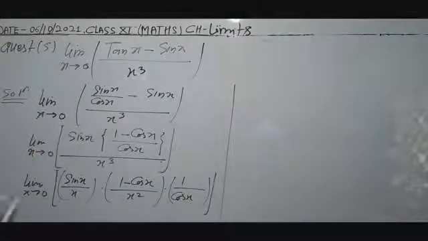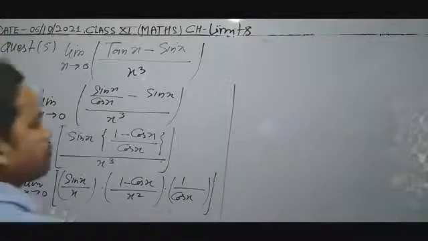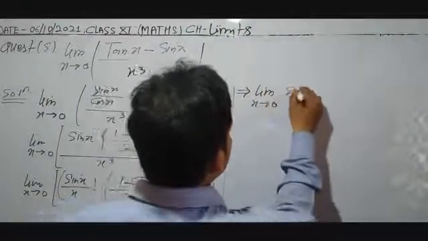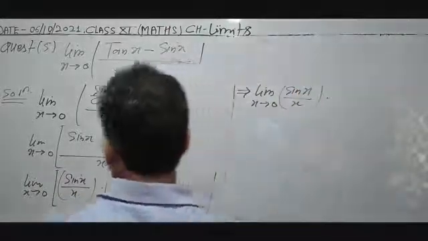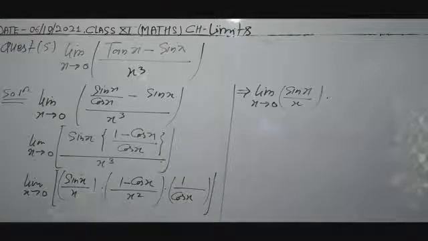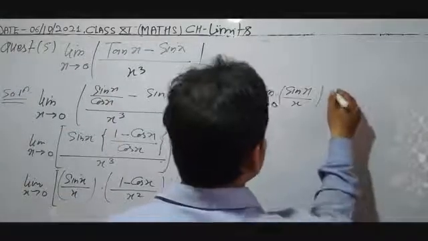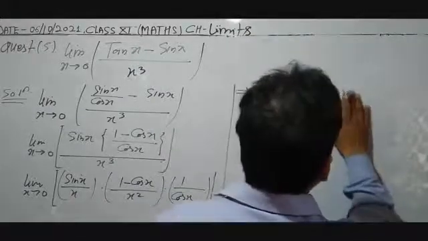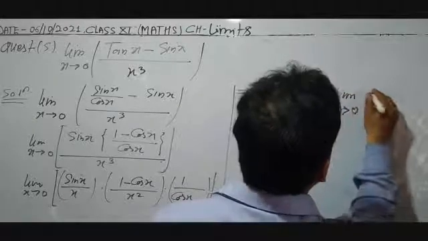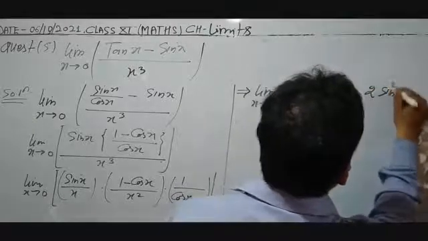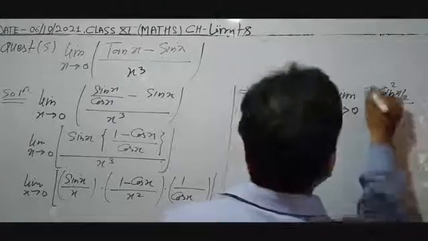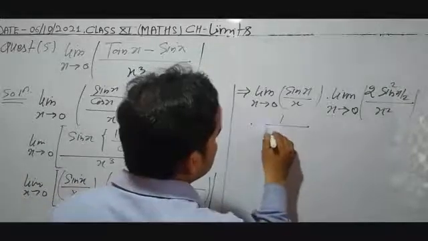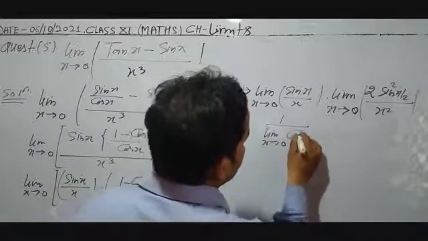So see, this will be limit x tends to 0, sin x upon x. Now the second term will be limit x tends to 0, 1 minus cos x, which we can write by using the formula 2 times sin square x by 2 whole upon x square, into 1 upon limit x tends to 0 of cos x.